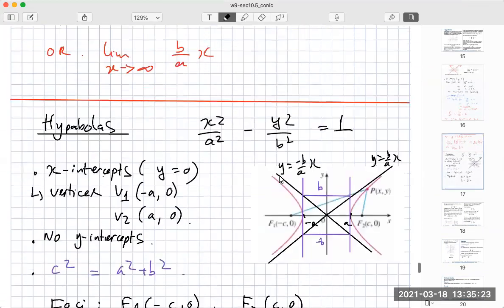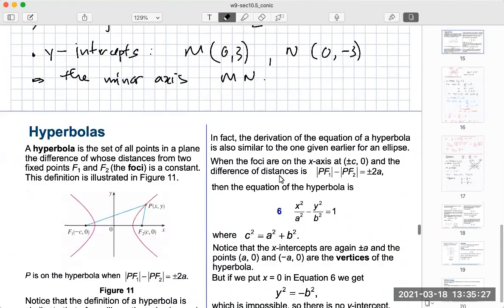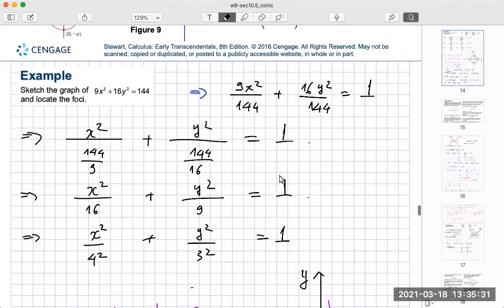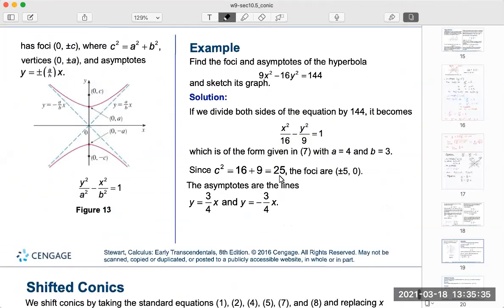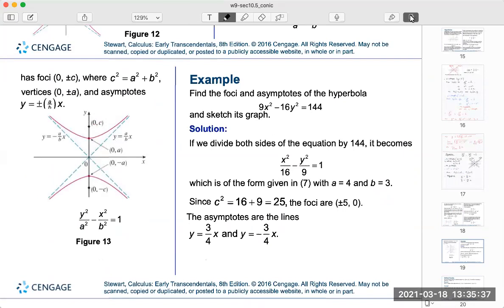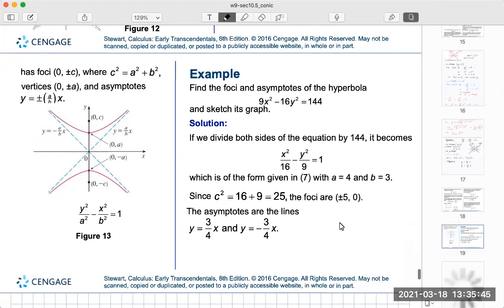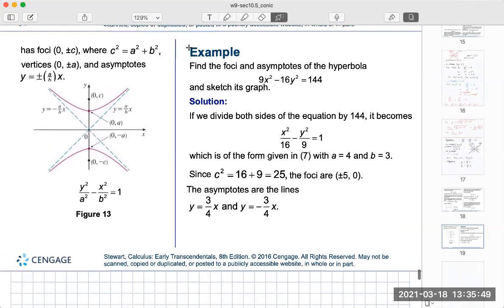Where is it? Oh, that was an ellipse. But now this is a different thing. Okay, the same story. Let us do this example together.